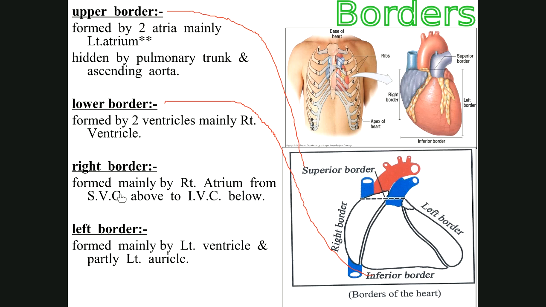Okay, the right border is formed by atrium. This is the right border. It is formed mainly by the right atrium, and it has two openings. So these are the openings: superior vena cava and inferior vena cava.